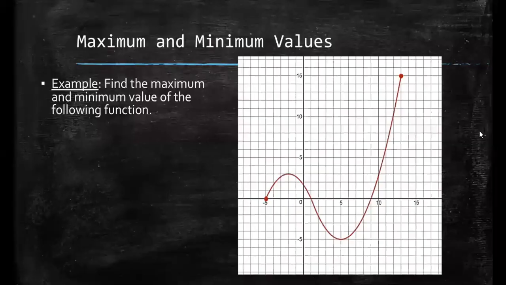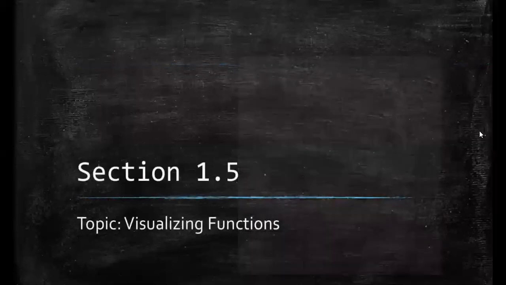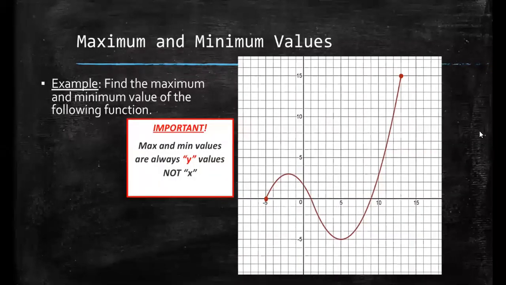When we find that maximum and minimum value of a function, the words are kind of good for this, right? It is what you think it is. It's the highest value and the lowest value that this graph can reach. So as you're looking at this graph, can you guess what that maximum value would be? Now the key here, the important part, is to make sure that you're always thinking about the y value here.